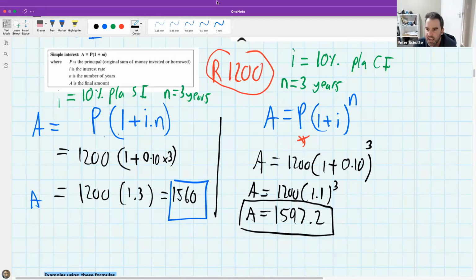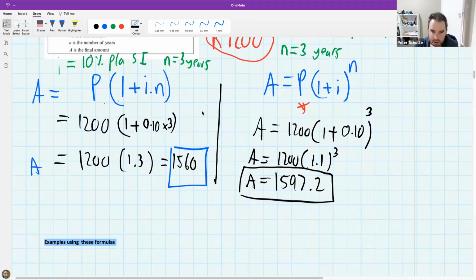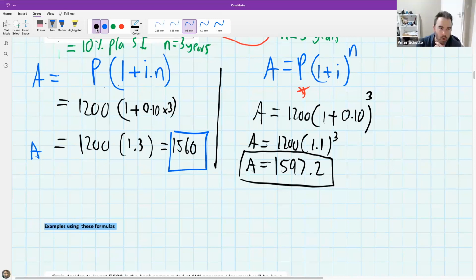But exponential growth, Anati, absolutely. So if you have to compare these two on a graph, both of them start at the P-value. But the simple interest graph looks like that.